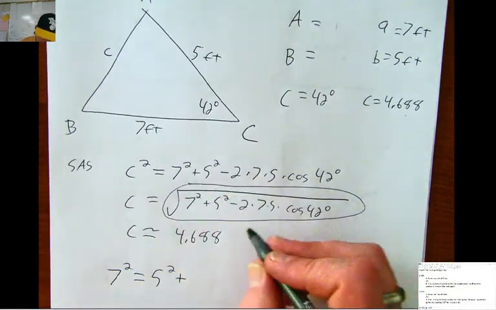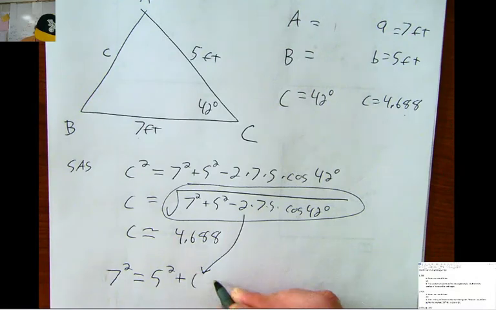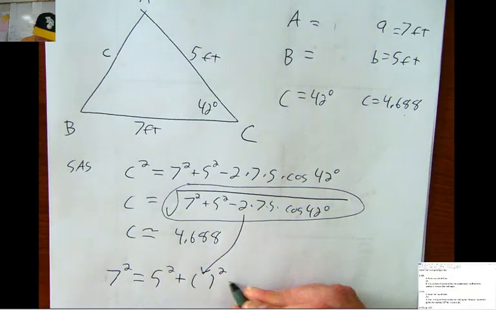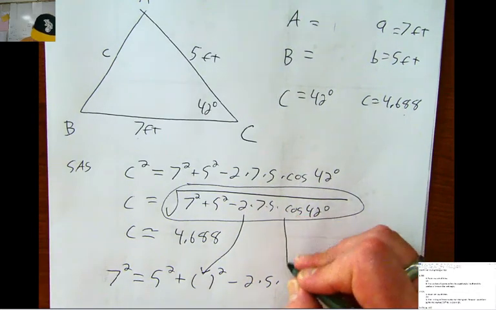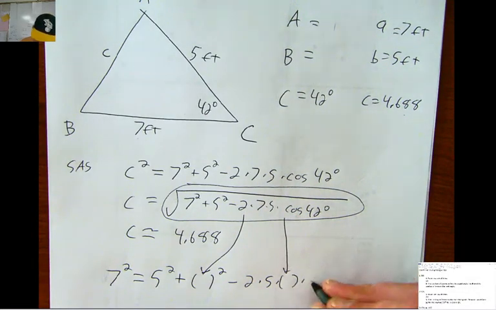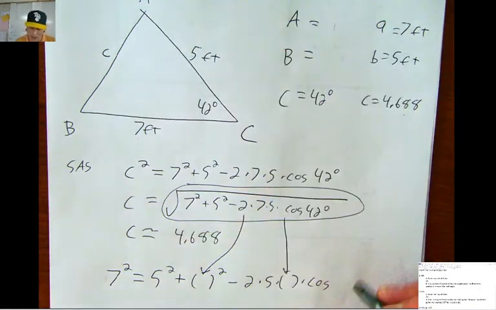So instead of writing all this out, I'm just going to say all of this squared, minus 2 times 5 times this stuff times cosine of the angle that's attached to 7, and that's cosine of A.